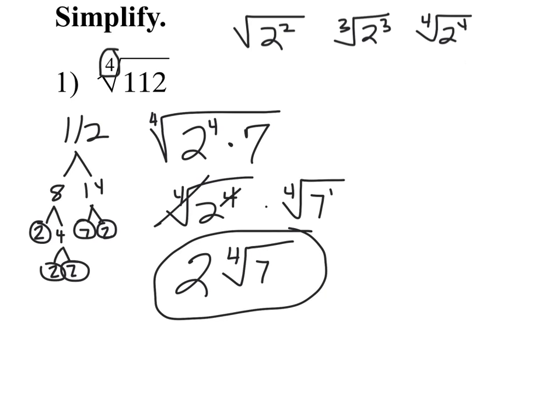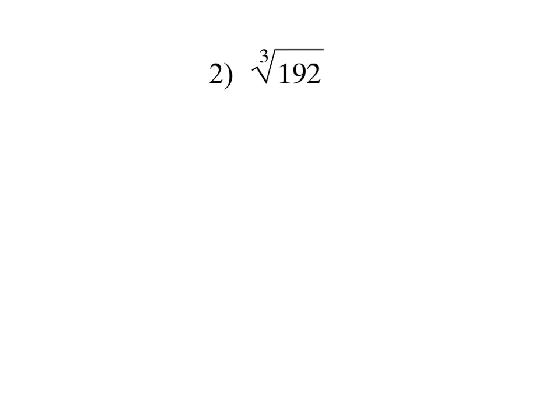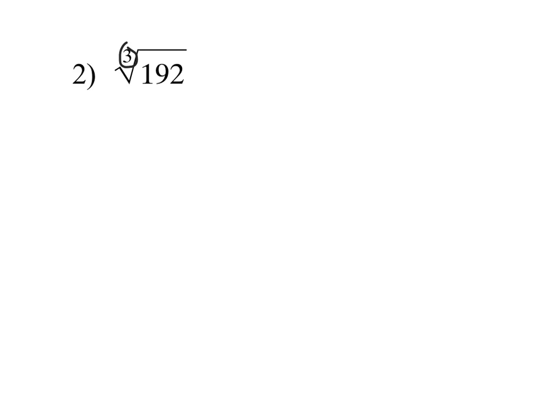Okay. So the process with how you do the problem, numbers-wise, is exactly the same way. Okay, let's take a look at this one now. Now this time I have a third root, okay, and I have 192, and I'm going to take 192 and break it down into 12 times 16. 12 goes to 4 and 3. 4 goes to 2 and 2.